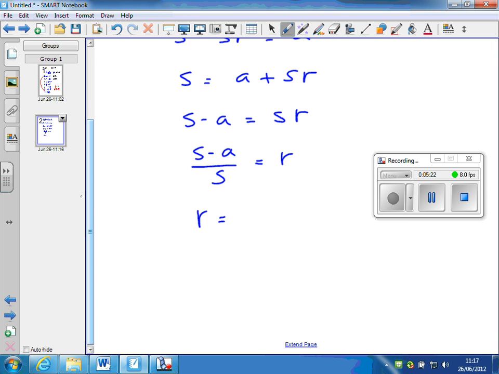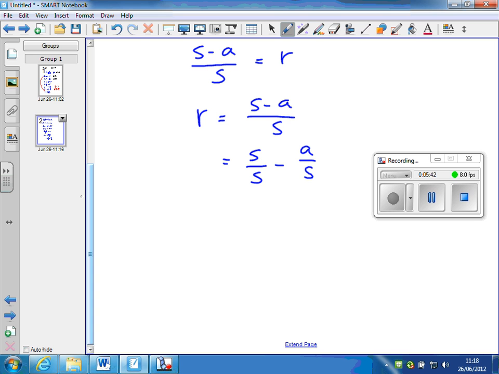And we've proved that they are in fact the same thing. So it doesn't matter which way you go with this formula, you'd end up with the same answer. Once I got to this point, I might say to myself, well actually, they're both divided by S. S minus A is all over S, so I can split that into S over S minus A over S. Of course, S divided by S is just 1, so R equals 1 minus A over S.